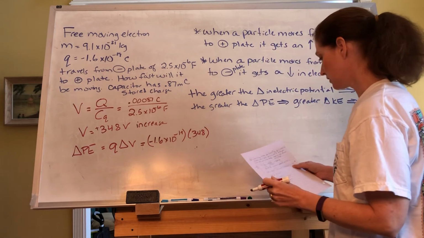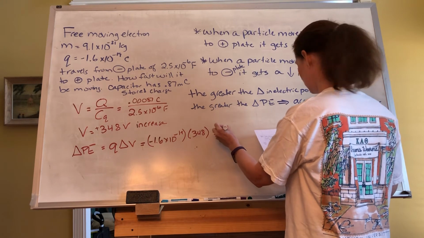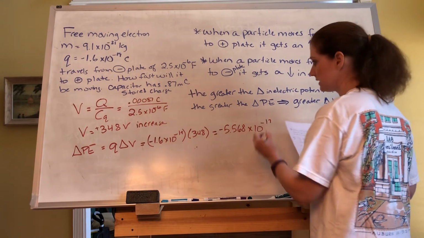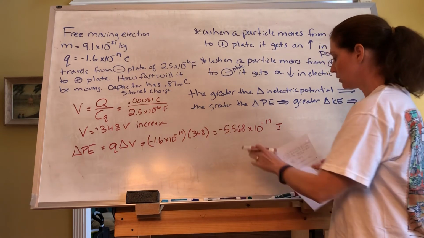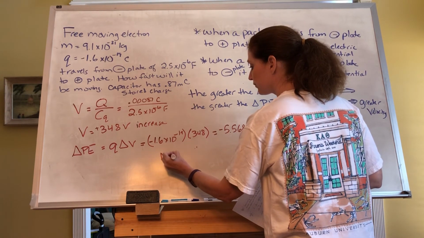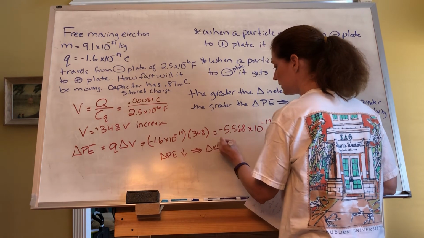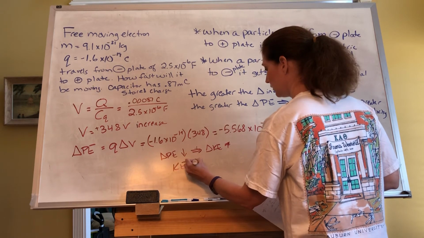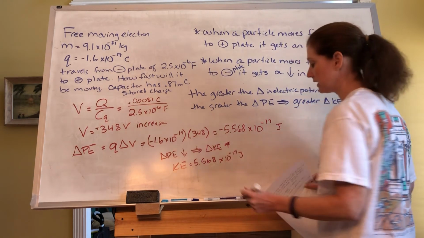Okay, so that is going to give us negative 5.568 times 10 to the negative 17 joules. Okay, so if potential energy is decreasing, then we know kinetic energy is increasing. So we have a positive 5.568 times 10 to the negative 17 joules of kinetic energy.